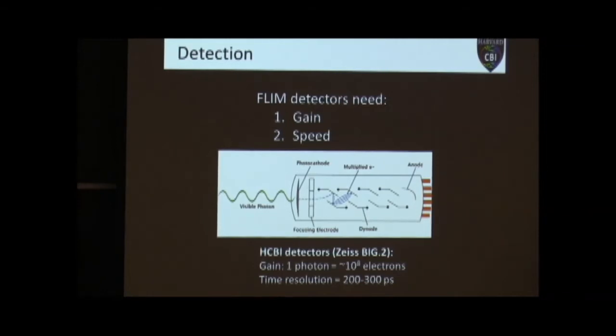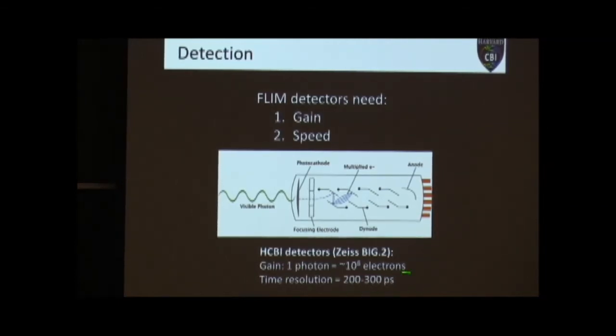Okay? And so we're going to be using detectors on the two systems that I showed you earlier that have just been recently released by Zeiss. It's called the Big 2 detector. It's actually a Hamamatsu GaAsP PMT inside it. And this is going to give you about a 10 to the 8 electron gain. So from one photon, you're going to get about 10 to the 8 electrons out of it in the end.